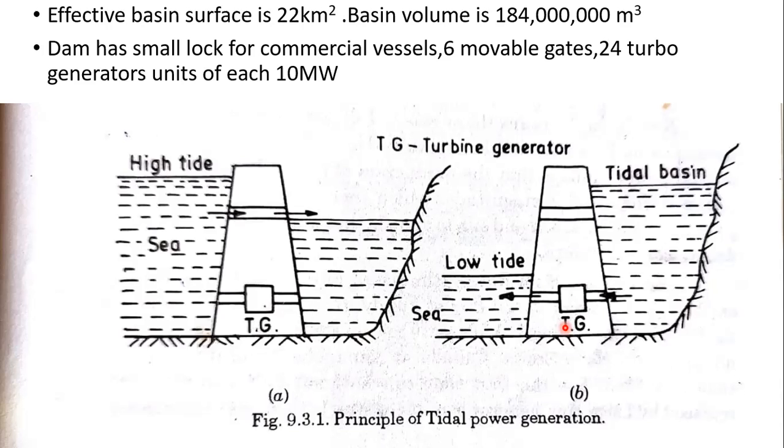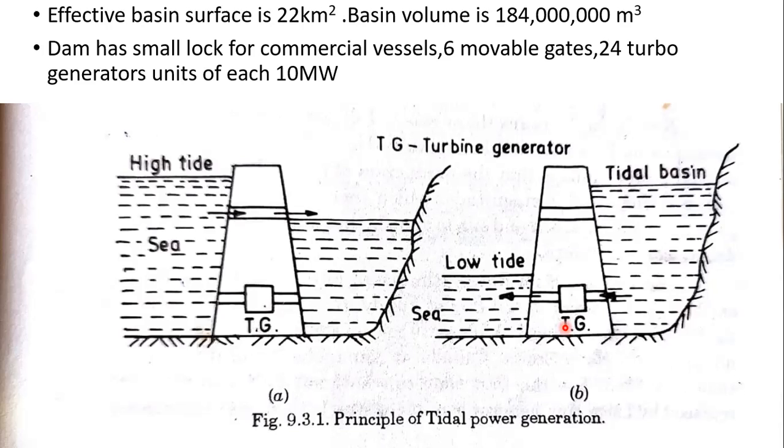These movable gates are used to accelerate filling and emptying of the storage basin at small differential water levels. And the installed capacity is 240 megawatts.